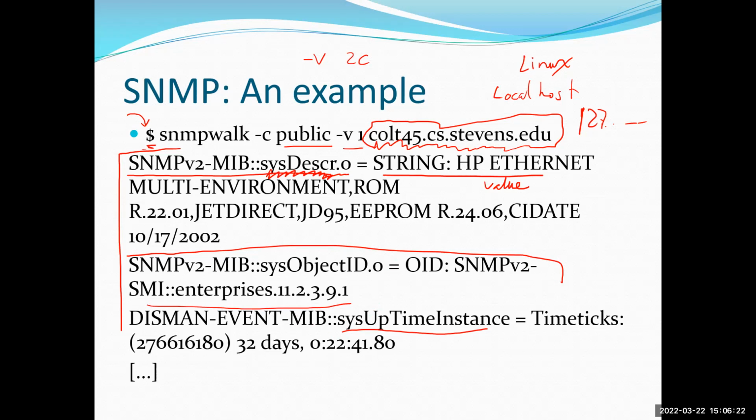And so we need this idea. This will provide the number of days, right? There it is, 32 days, et cetera, that the system has been up. Got it? Pretty straightforward, right? All right, good.